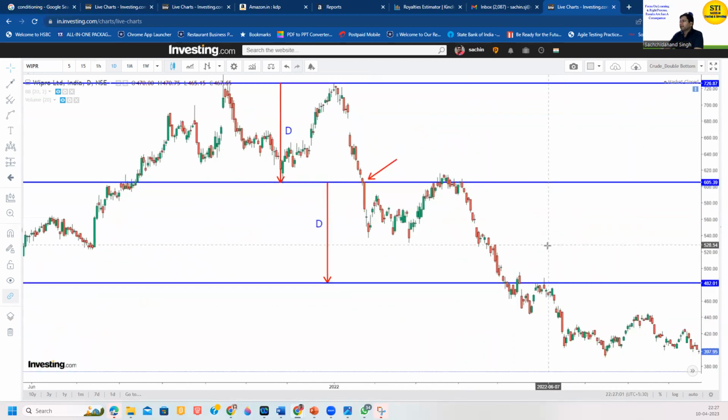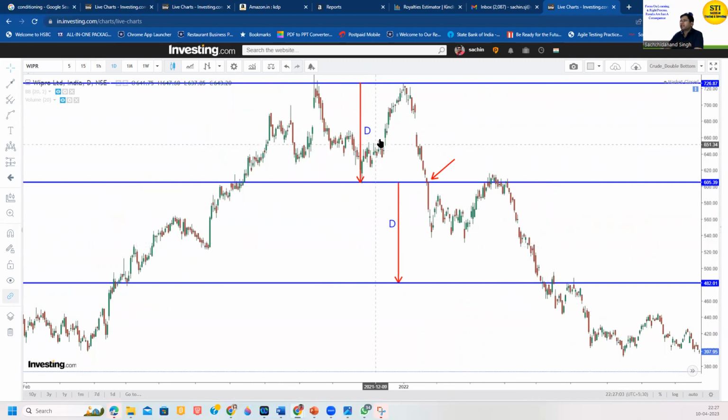So if somebody, for example in Wipro, and again it's not a long time ago, 2022, somebody could have started it around this price point, 605. This is how much time it took.